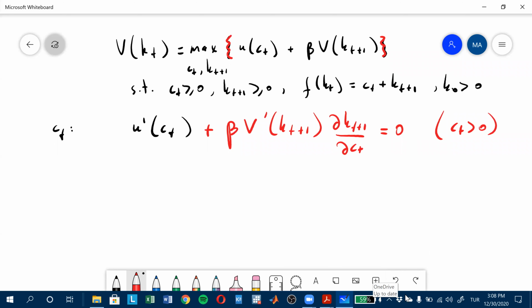For your control variable, you want this to be true because your CT must maximize the right-hand side. Now there is also this thing called the envelope condition. Envelope condition is sometimes called the Benveniste-Scheinkman formula. These are economists or mathematicians.